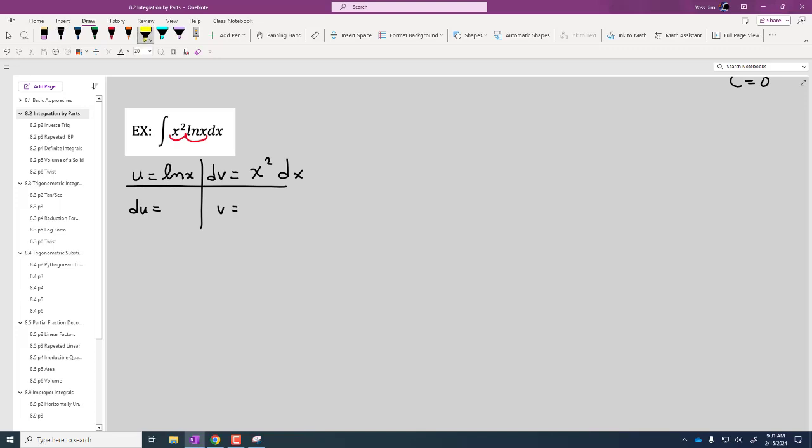So what we are doing is taking everything in the integrand, including the differential, and breaking it apart into a u and a dv. In the big picture, most of us think of integration by parts as a reverse product rule. It's how you integrate a product.